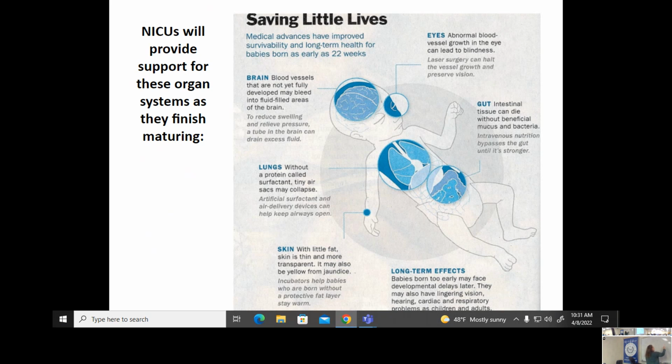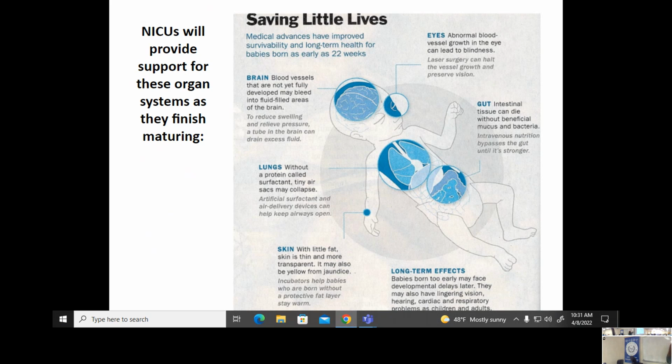They also have immature gut development. And they may not be ready for what I'm gonna call oral nutrition.